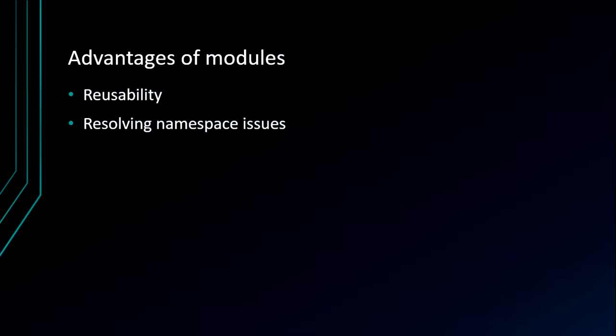But if you follow the modular way, you can create authenticate in one module and another authenticate method in another module, so that you can access them like module1.authenticate, module2.authenticate. So it will solve namespace issues.